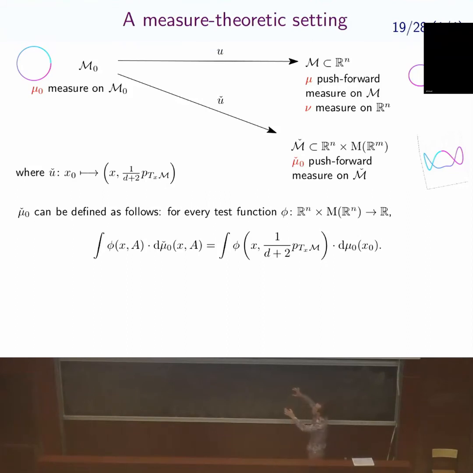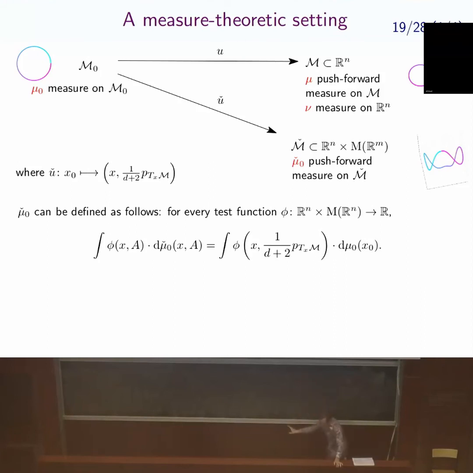If I push forward mu0 with the map U check, I define a measure mu0 check on the lifted manifold. This lifted measure, mu0 check, admits a simple description in terms of test functions. It is defined like that with this equation.